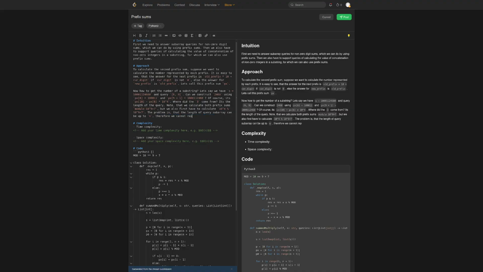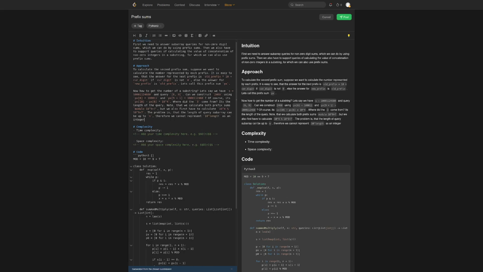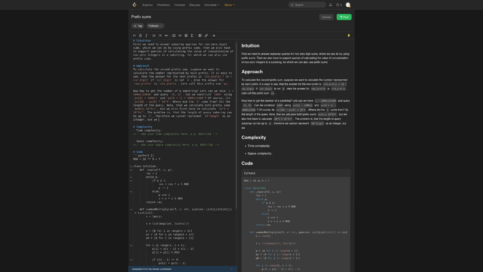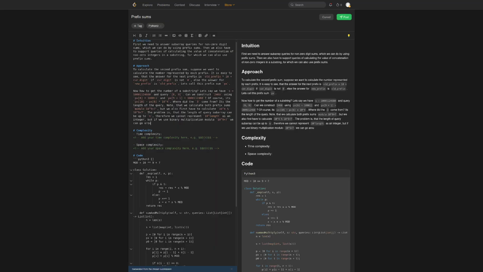Therefore we cannot represent 10 to length as an integer, but if we use binary multiplication modulo mod, or modulo 10 to 9 plus 7, we can go around this.